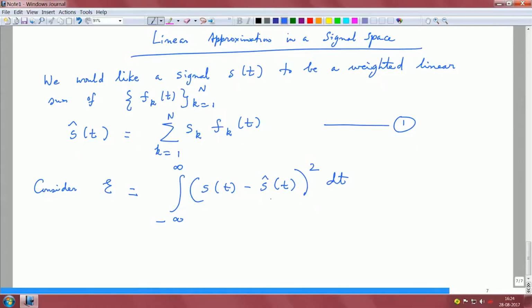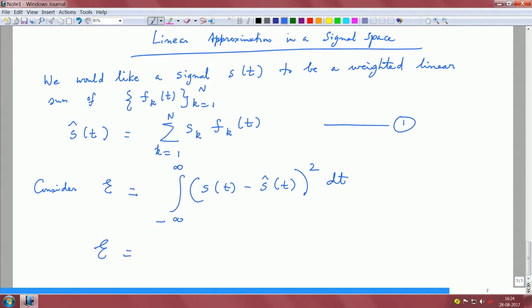Now, once we set this up as a square error, and this square error is just integrated over time, I am not even talking about power, I am saying it is energy, not even scaling by the time and taking the limit as the time goes to infinity, right. I have not even defined it in terms of power, just the energy here.